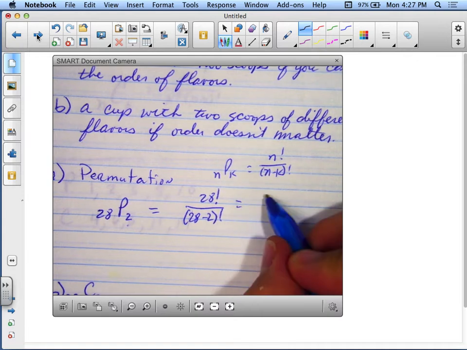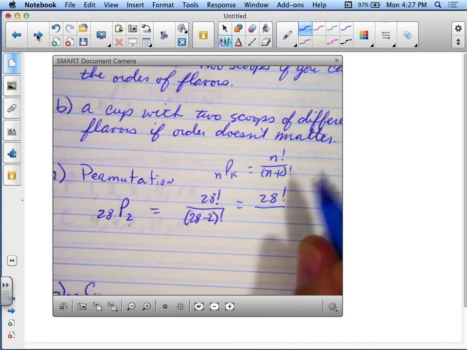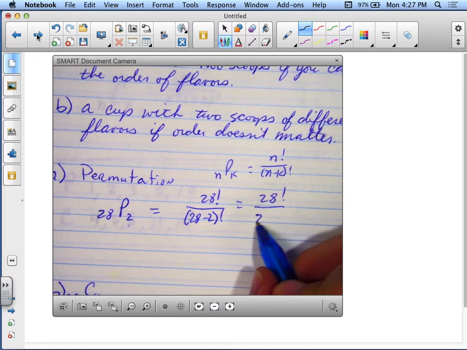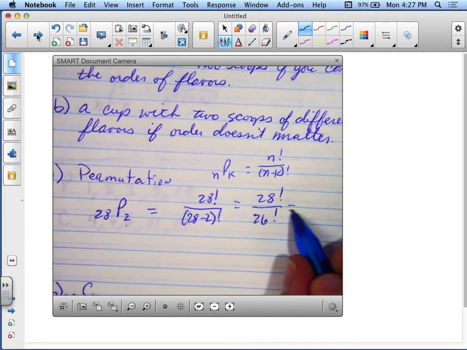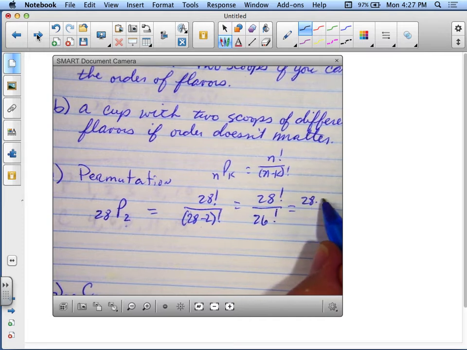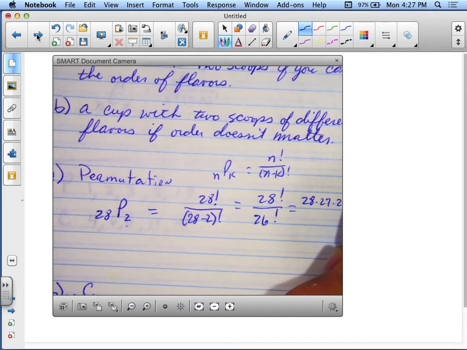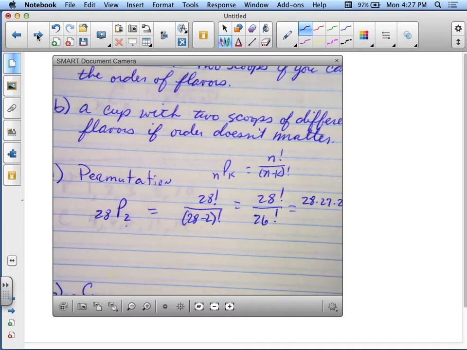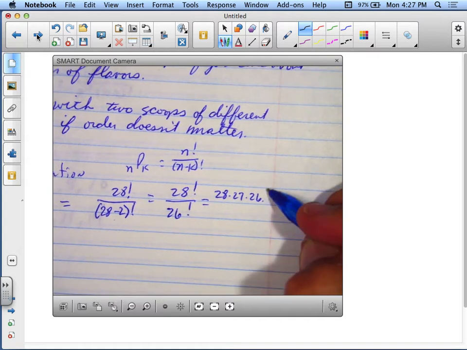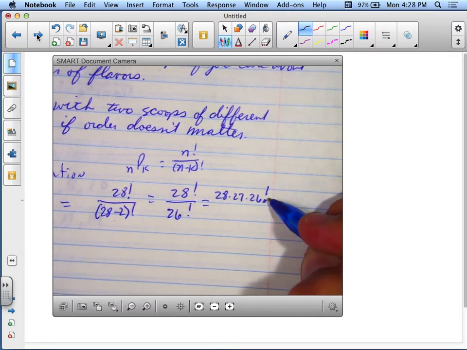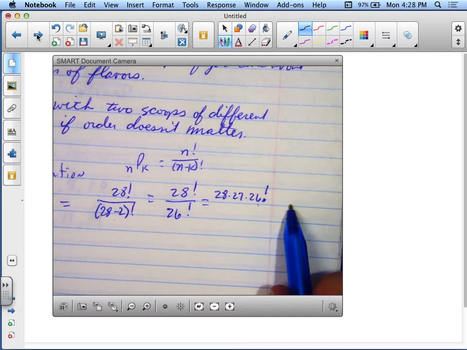Now, 28 factorial, I'm going to write off to the side. 28 minus 2 is 26 factorial. Remember, there's a little shortcut we can use. This is the same as saying 28 times 27 times 26. Now, instead of writing 26 times 25 times 24 times 23, I'm simply going to write 26 factorial, because this would continue all the way down to 1.